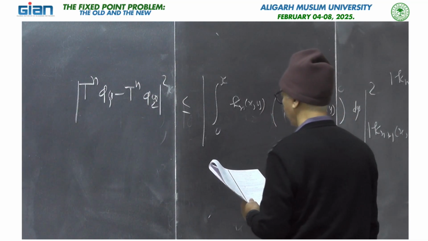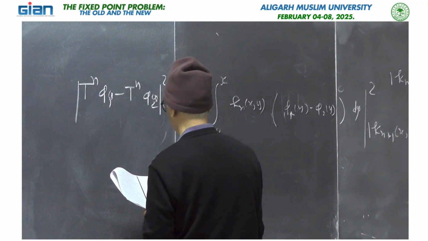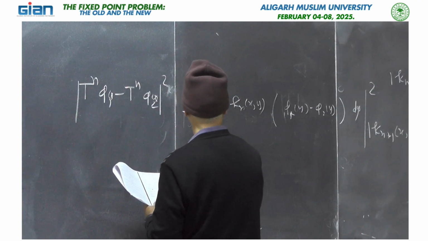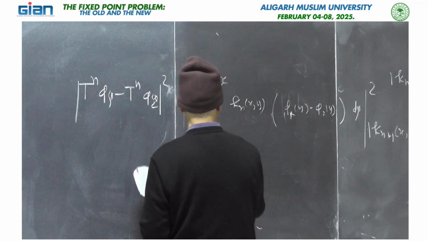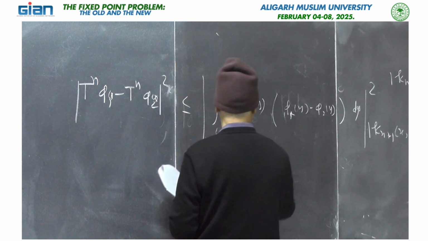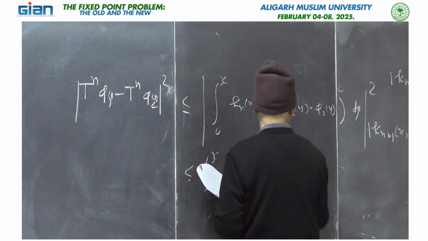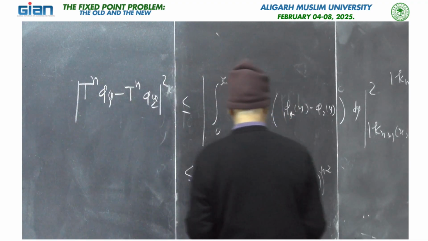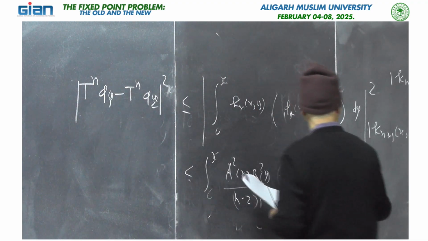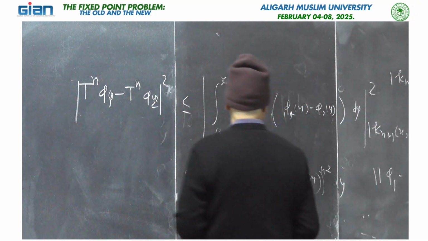Again applying the Cauchy-Schwarz, you have the integral from 0 to x of k n, which will be bounded by a square x b square y over n minus 2 factorial, and then rho x minus rho y to the power n minus 2, dy, and then you have the term norm phi 1 minus phi 2 square.